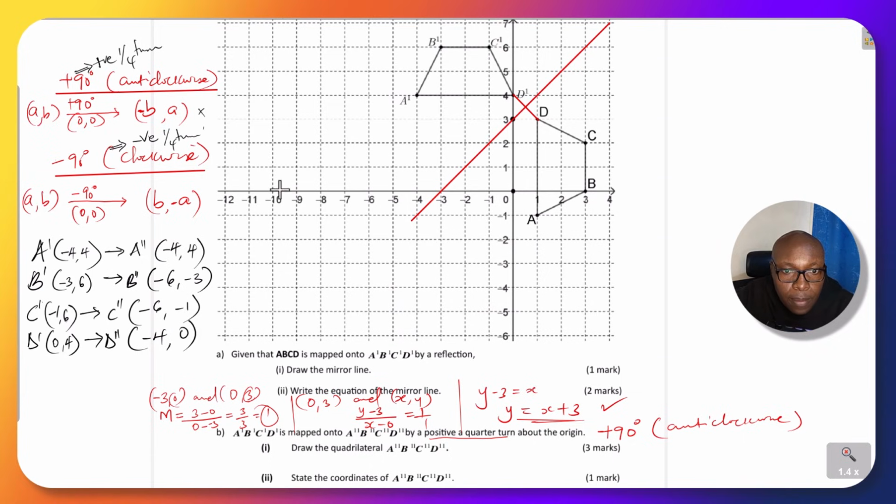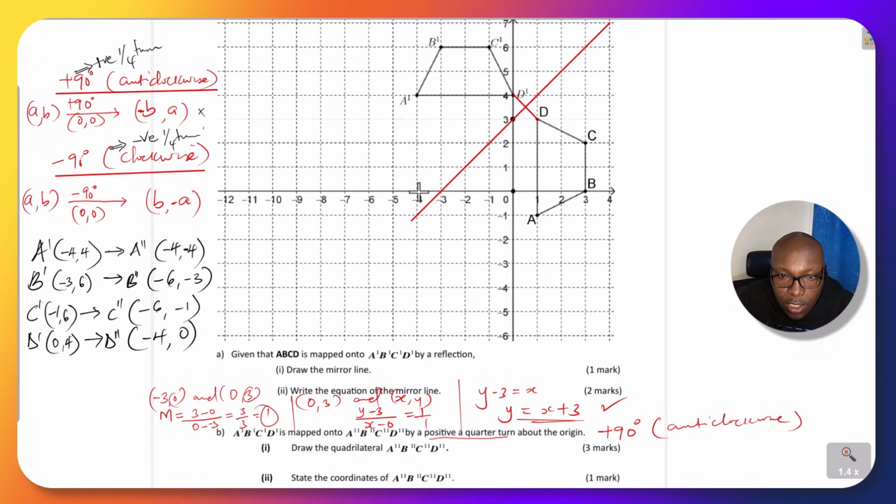A double prime, negative 4, 4. No, negative 4, negative 4. I think I made a slight error here. This is negative 4, negative 4, because you're supposed to interchange the coordinates and then negate the new x coordinate. So when you interchange, you get 4, negative 4, and then you negate the new x coordinate. So that will be negative 4, negative 4.